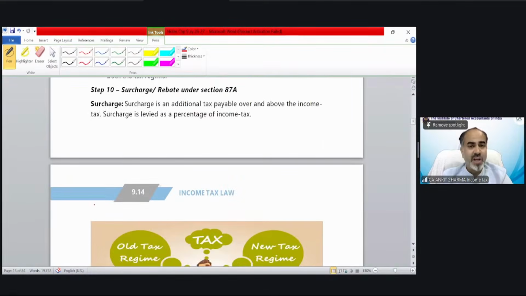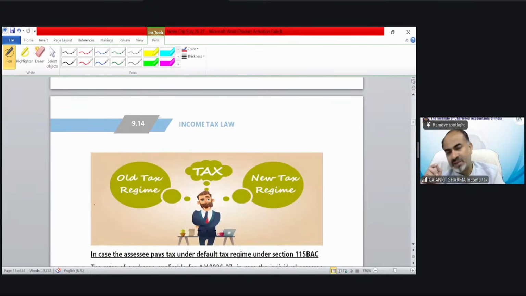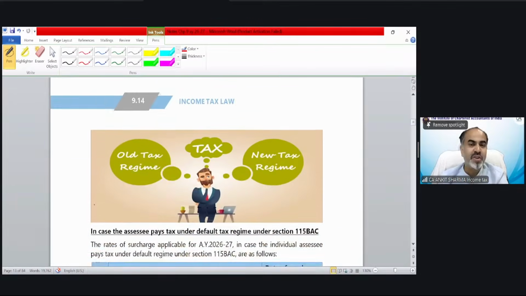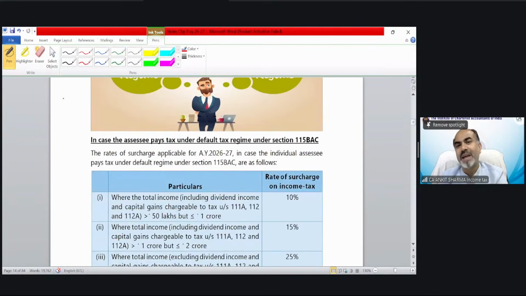Then we have the surcharge provision. Under default tax regime and under optional tax regime, the surcharge concept is the same. But there is one key difference. So can you tell me what is the one key difference between the surcharge provision under default tax regime and under optional tax regime?